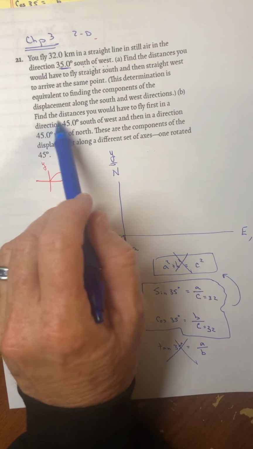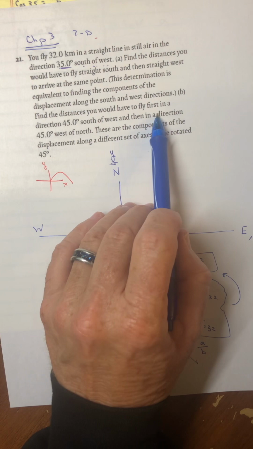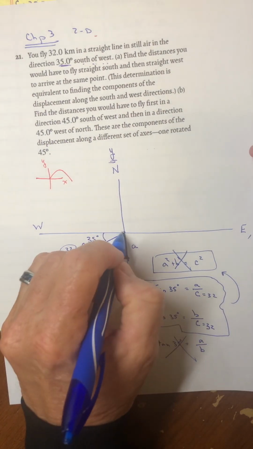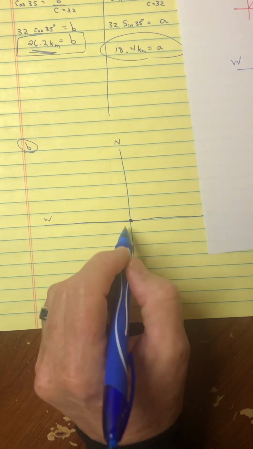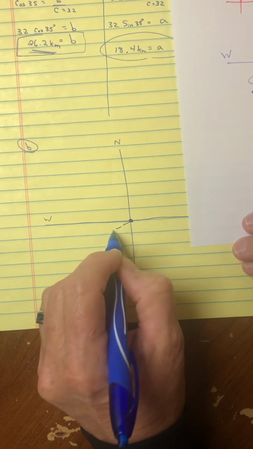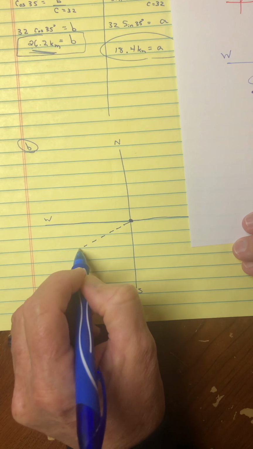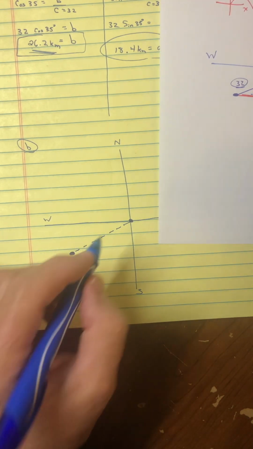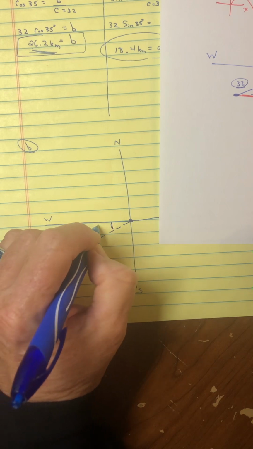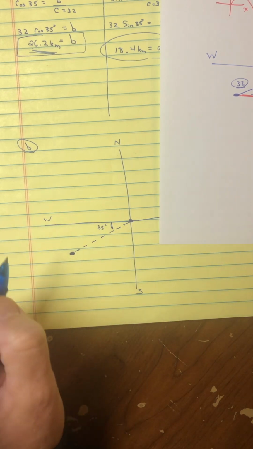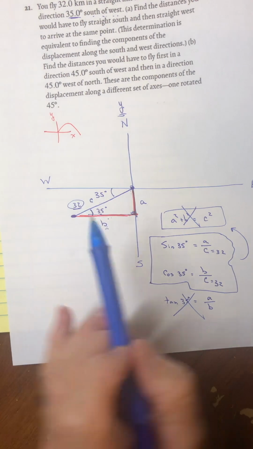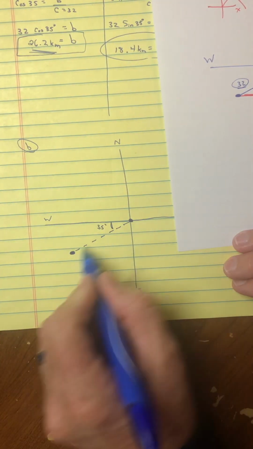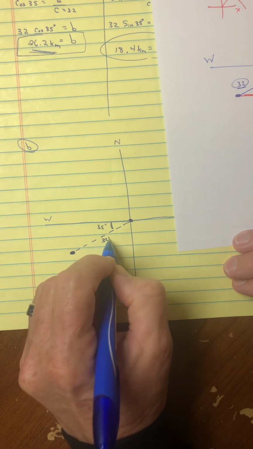But it says find the distance you would have to fly first in this direction. So in other words, you're going to go to the same spot. All right, so let me just put here, same spot, okay, where we went 35 degrees south of west. And if we actually flew this direction, we would have to go for 32 kilometers.